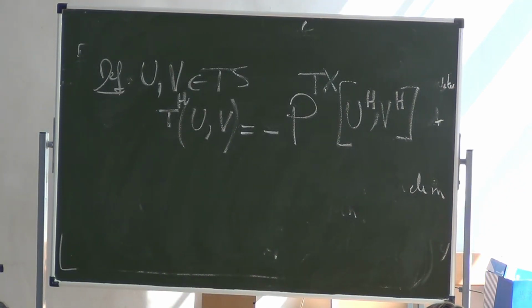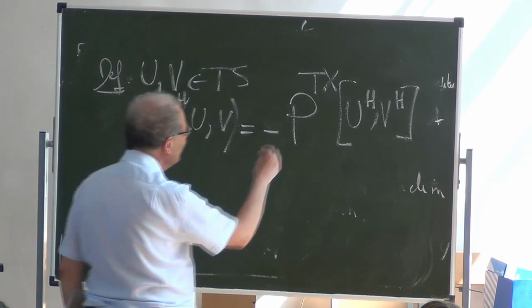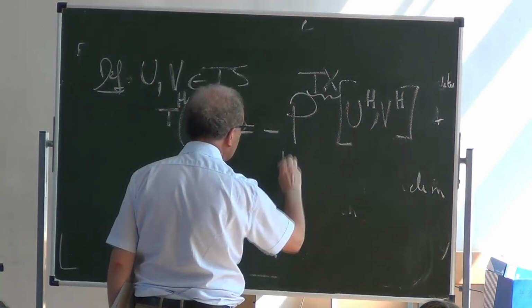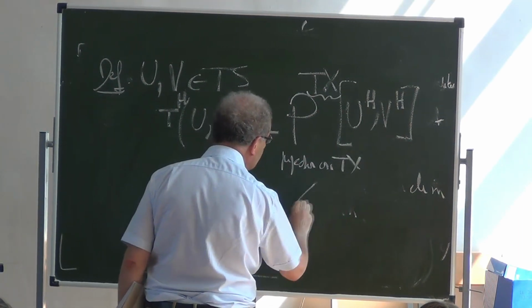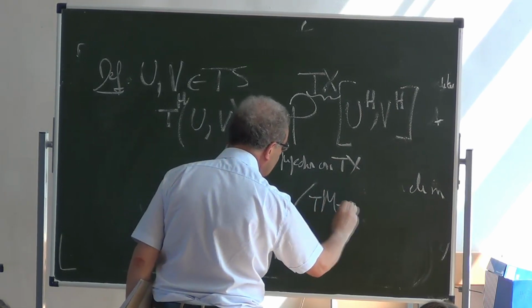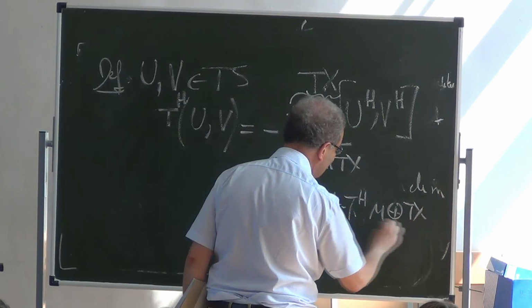So in other words, you take two vectors on the base, you lift them horizontally, you take the Lie bracket, and you project on TX. So this is a projector on TX with respect to the splitting TM equals T^H M plus TX.